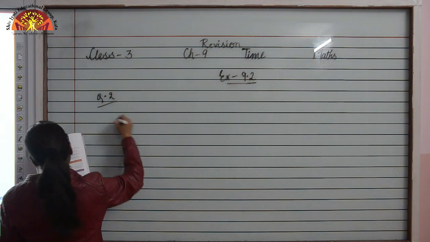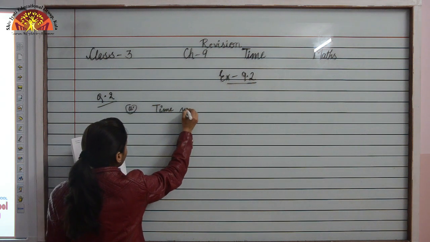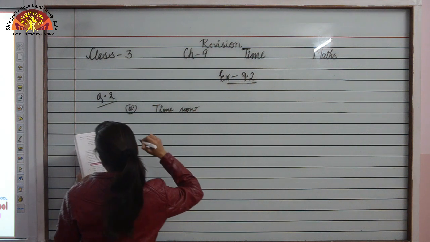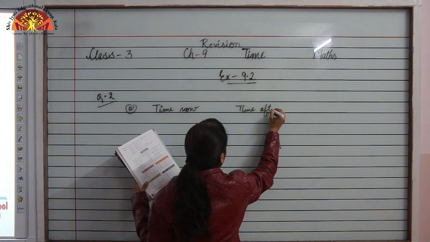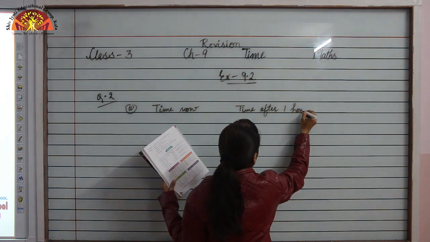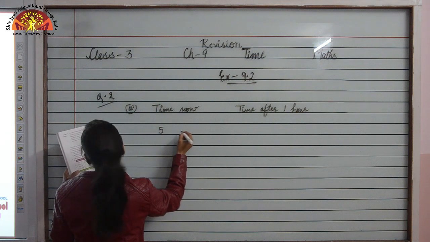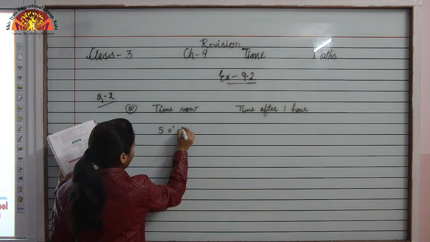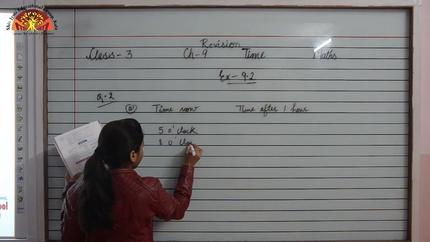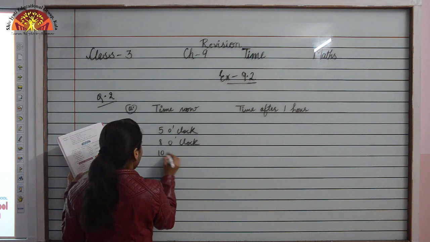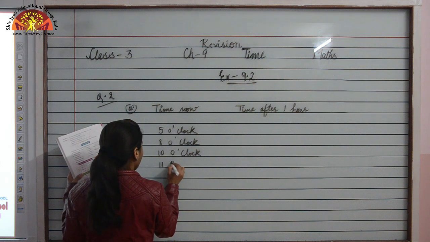Question number 2. Now A part. Now we are having two columns, time now and time after 1 hour. Suppose now we are having 5 o'clock, next we are having 8 o'clock, next we are having 10 o'clock, and then we are having 11 o'clock.